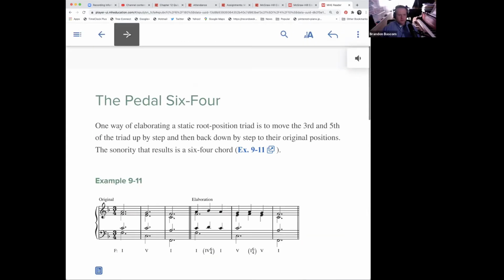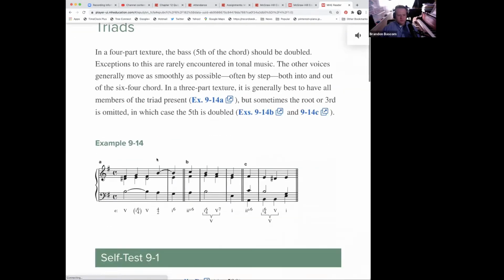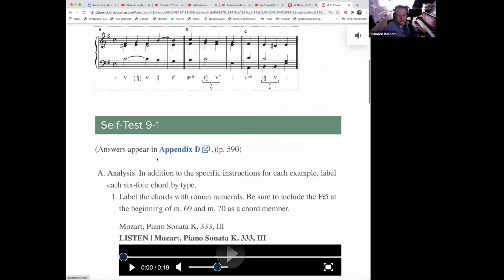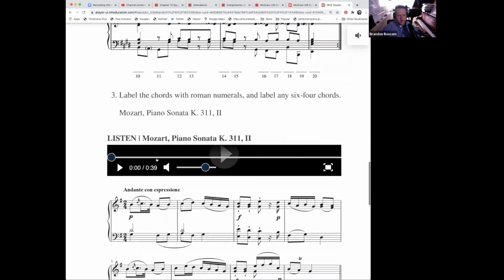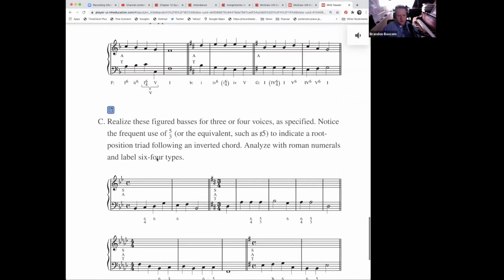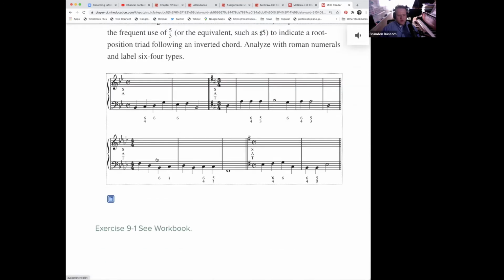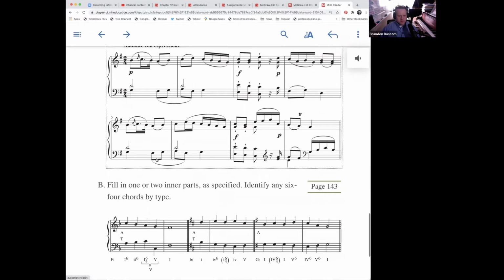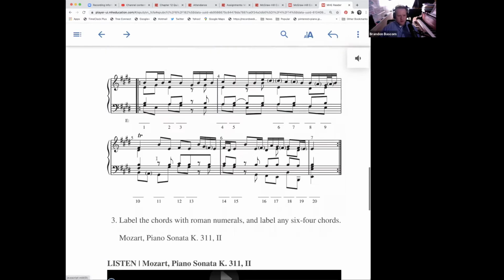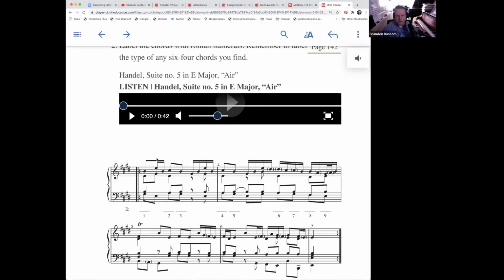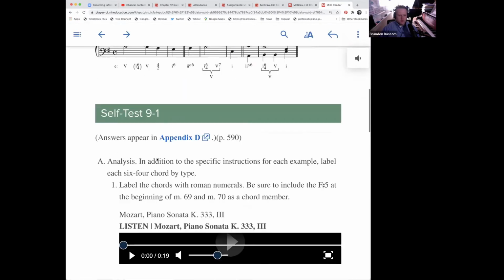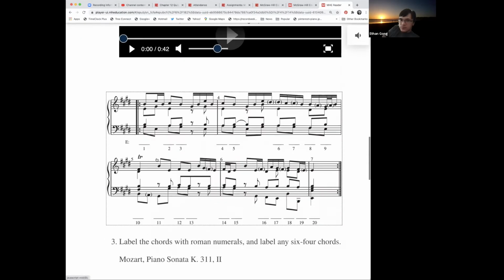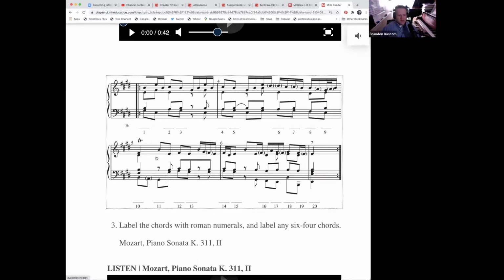Moving on. Do you remember doing these kinds of exercises where you had to find places to put things? Before we go there, would you be able to do something like this? Analyzing chords with Roman numerals?